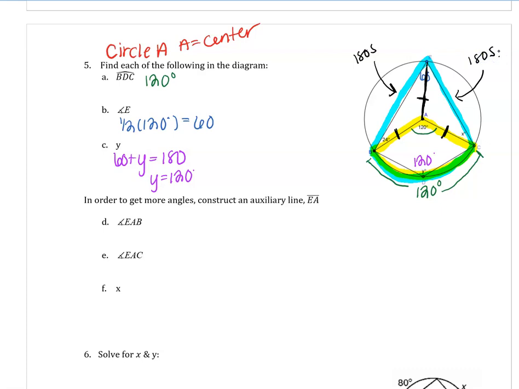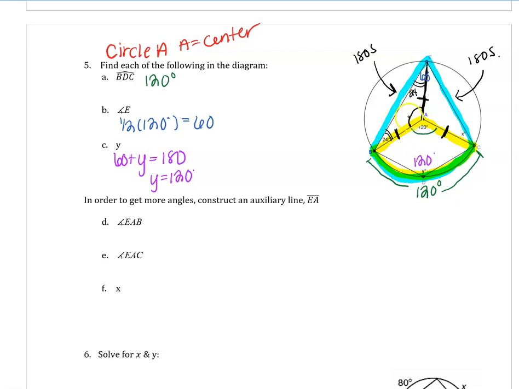All right, so it wants me to find the measure of angle EAB. Okay, so EAB is right over here. Now, here's what I know. If this angle right here is 24, then that means this angle over here must be 24, because this is an isosceles triangle, and if two sides of a triangle are congruent, the angles opposite them are congruent.